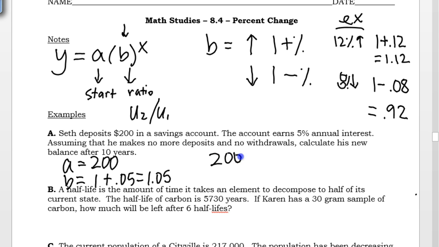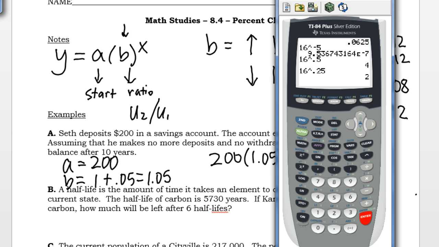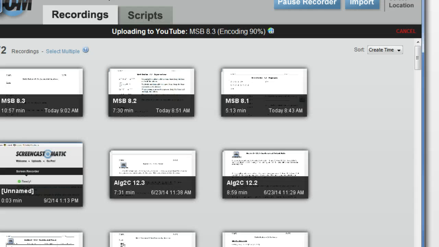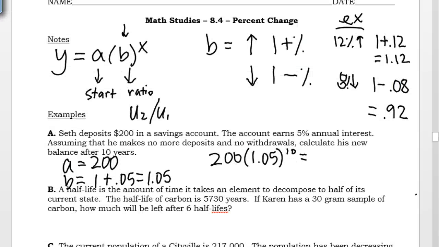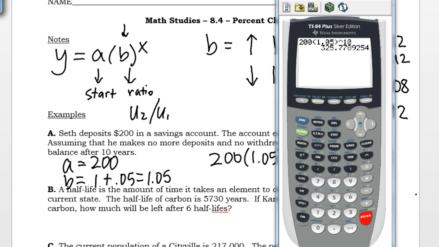So we have my starting value, we have my ratio, and then to the power of 10 to show 10 years. That gives me $325.78. Yeah, that was right.